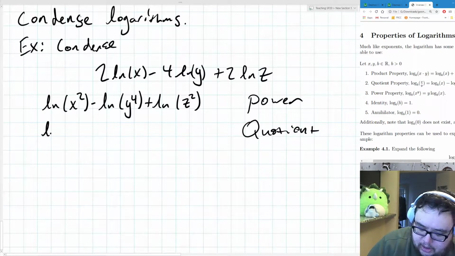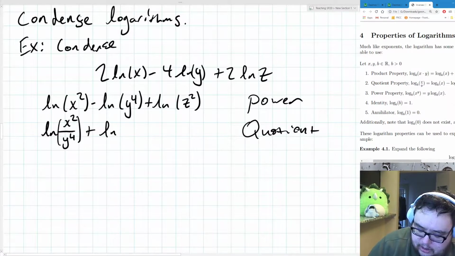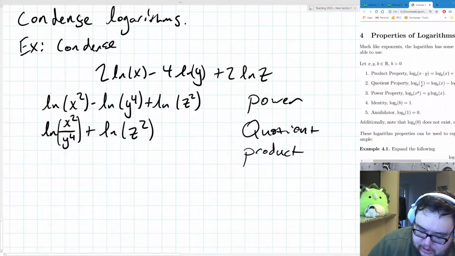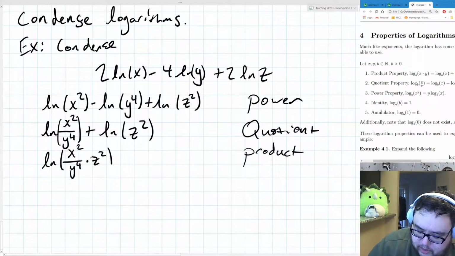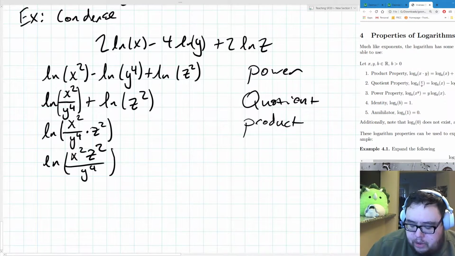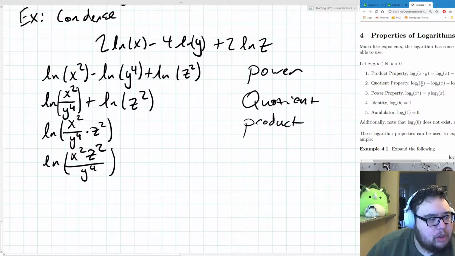So that's ln of x squared over y to the fourth plus ln of z squared. And then we can use a product property to get ln of x squared over y to the fourth times z squared. Or alternatively, ln of x squared z squared over y to the fourth. Both are equivalent, right? Multiplying by z squared is multiplying by z squared over.